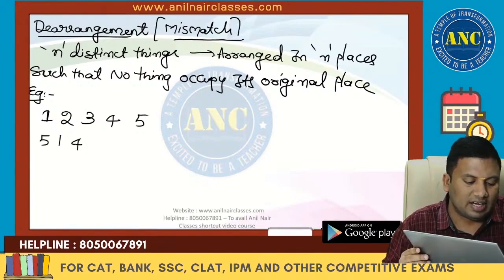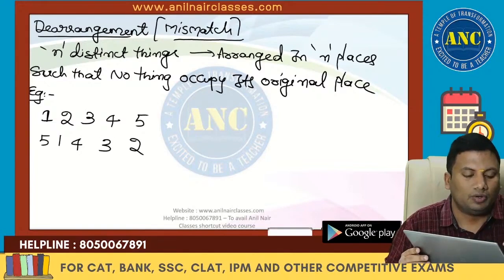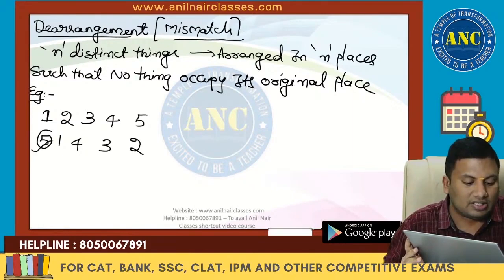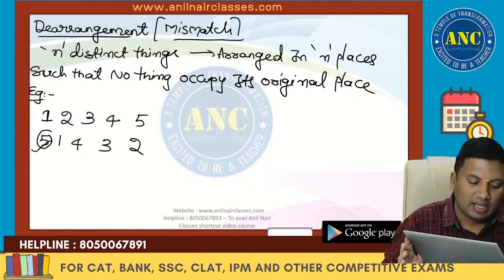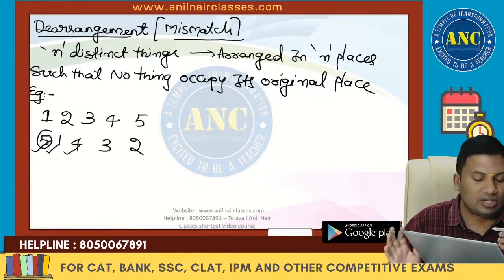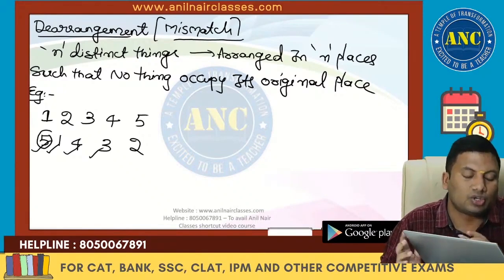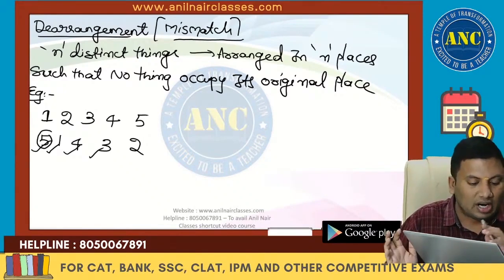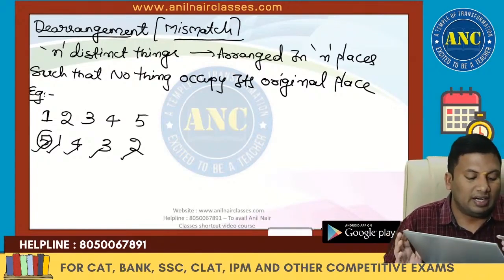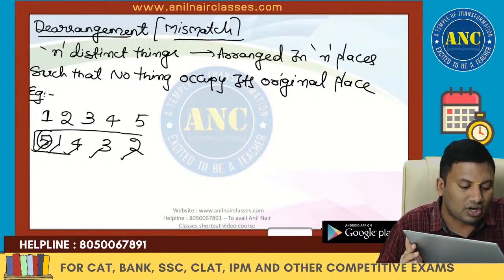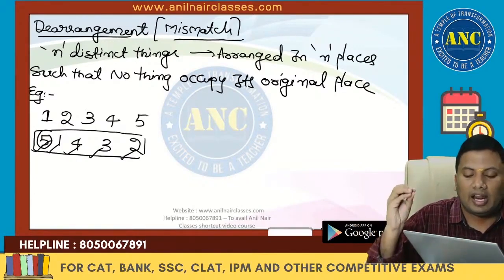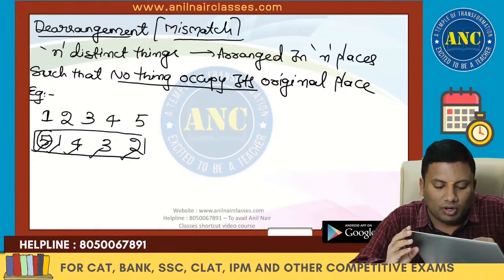Suppose I arrange like this: 5, 1, 4, 3, 2. 5 should be in fifth place, it is not kept in its fifth place. 1 should be in first place, it is not. 4 should be in fourth place, it is not. Third should be in third place, it is not. Second should be in second place, it is not. This arrangement is called a dearrangement or a mismatch arrangement. None of them is taking its original place.